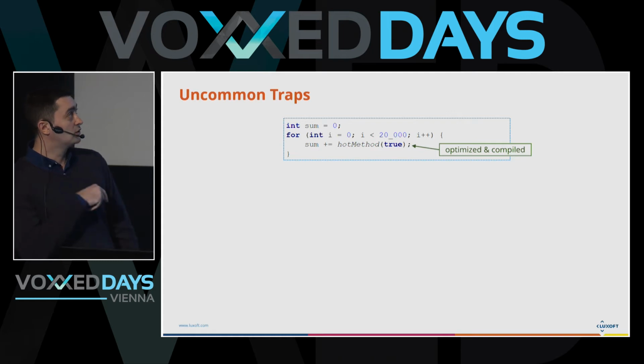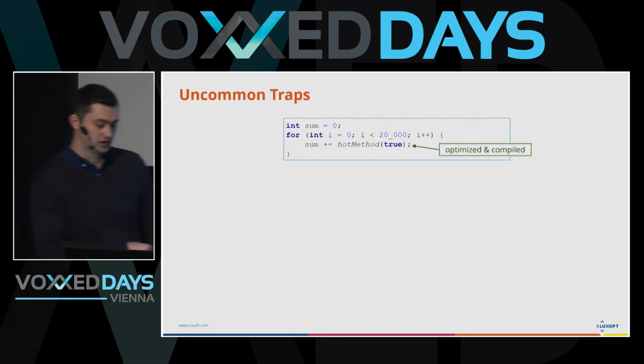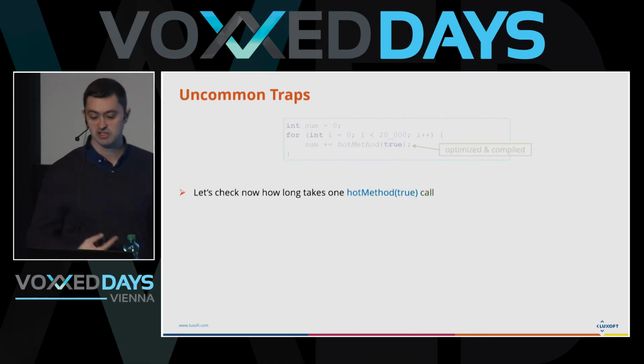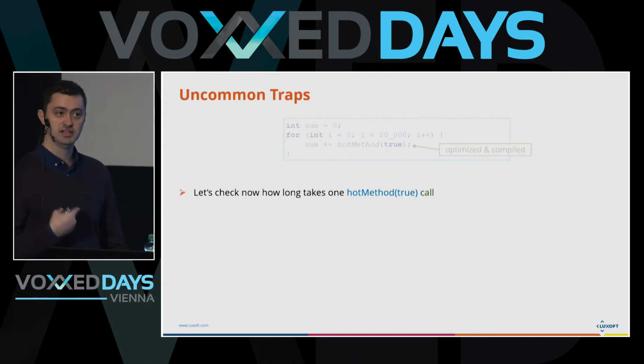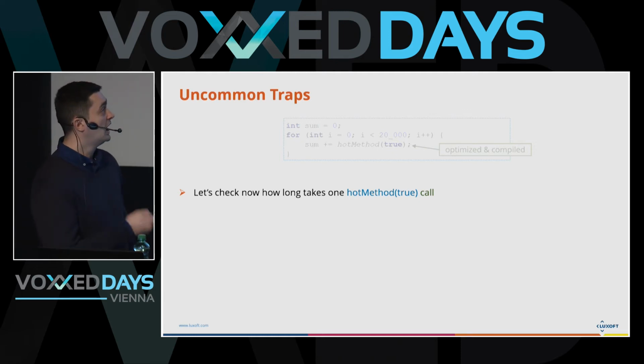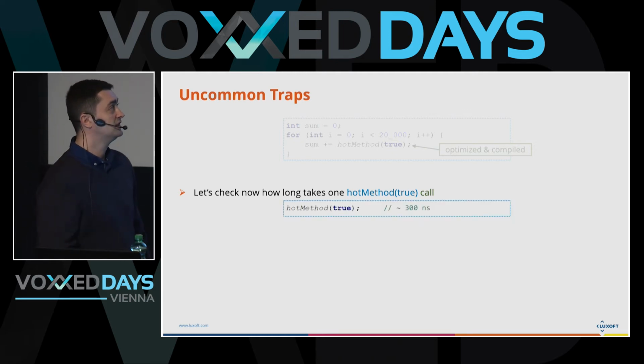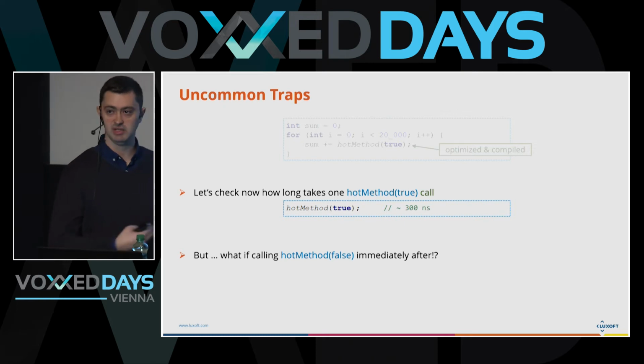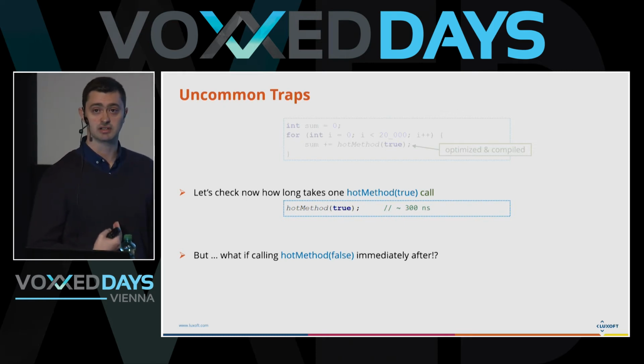If we get back to our initial snapshot of the code, we see that we have the hot method called only with true. It got optimized, it got compiled, and if we measure just one iteration after it reached the C2, on my laptop at least, it took around 300 nanoseconds. But the question is, what if I call my hot method with false immediately after?